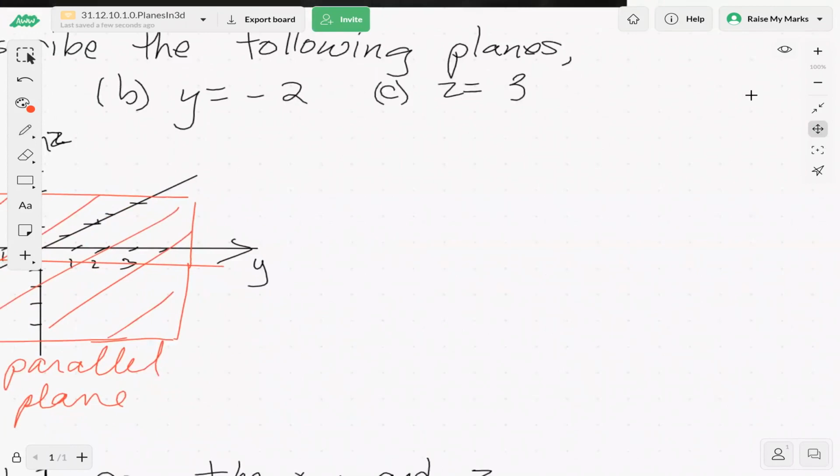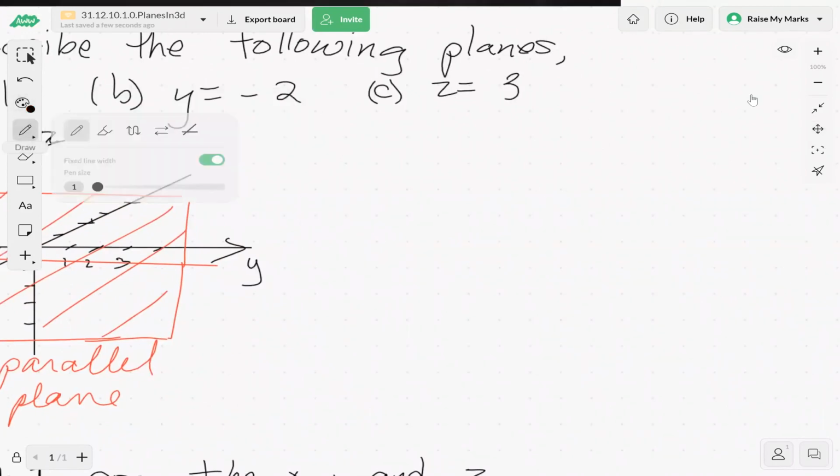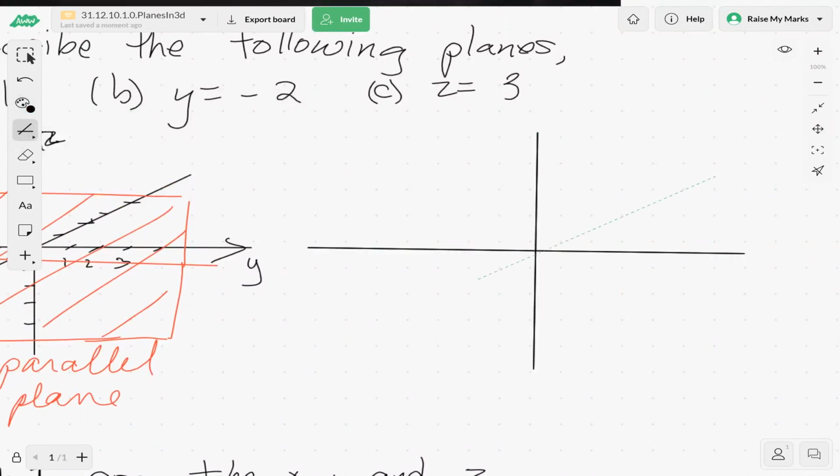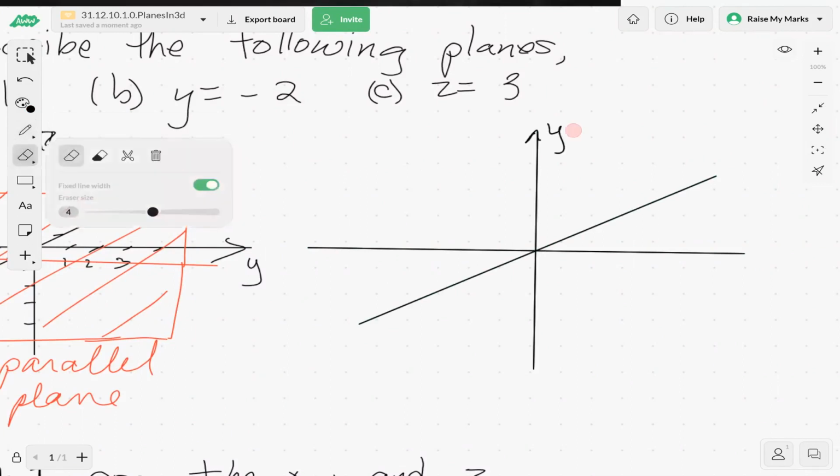Good. All right, so let's have a look at B. Might be able to figure this one out. So again, let's draw our axes. We'll label everything.